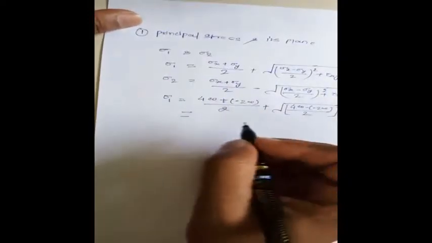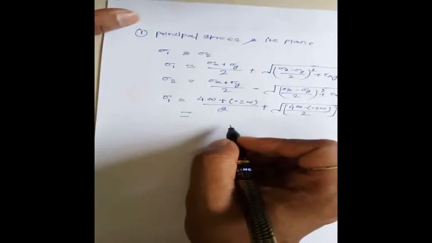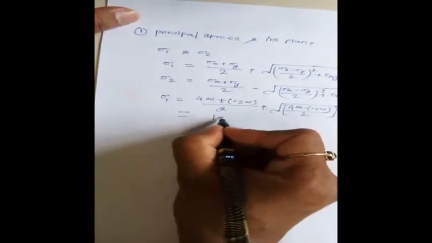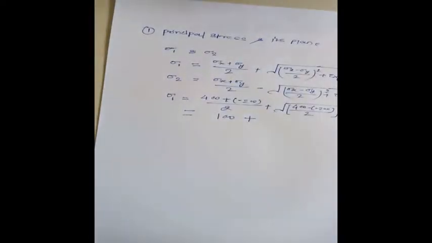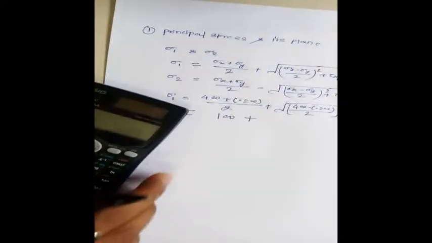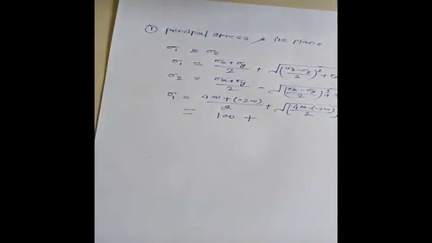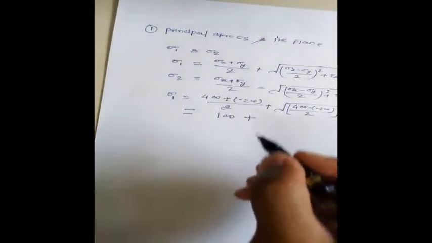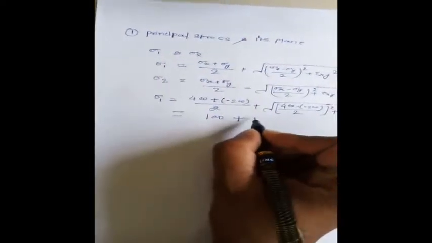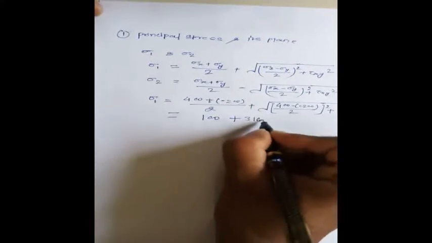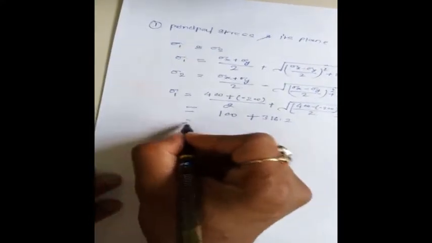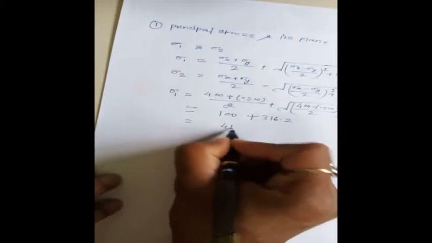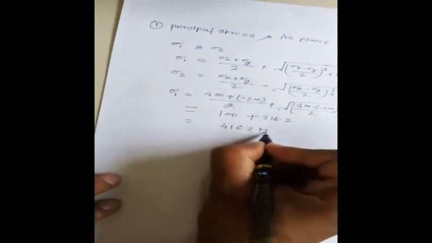If you solve this, it will be 100 plus, solving through the calculator, 316.2, so the total will be 416.2 megapascal.